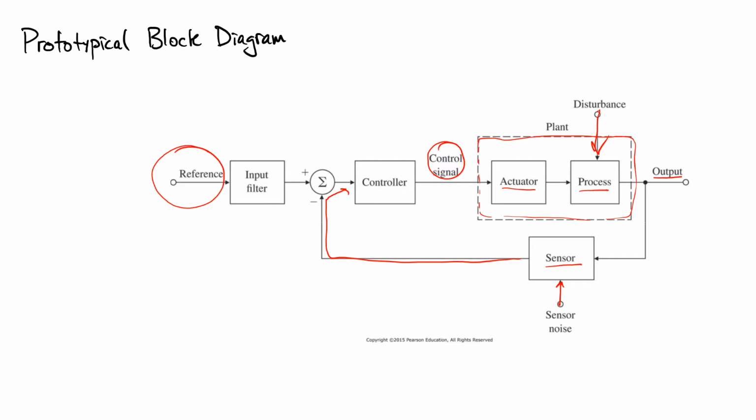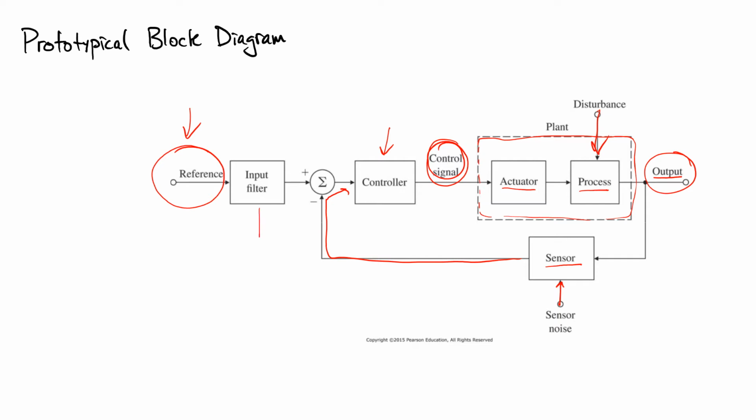The reference is oftentimes the value that we would like to achieve with the controller. This could be the speed you choose for your cruise control. Then the controller's job is to achieve that reference, achieve that speed, by measuring the current speed and then applying more acceleration if it's required to reach that speed.